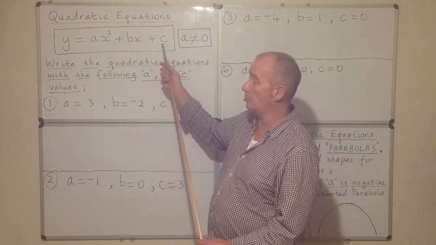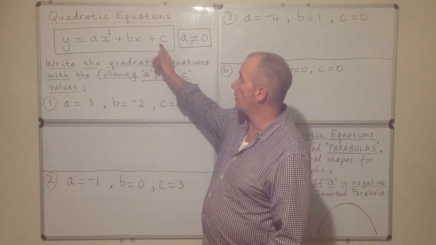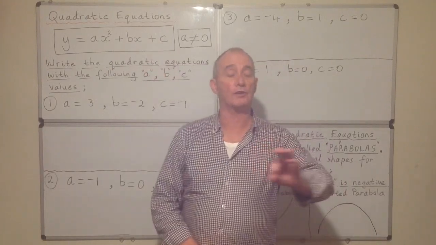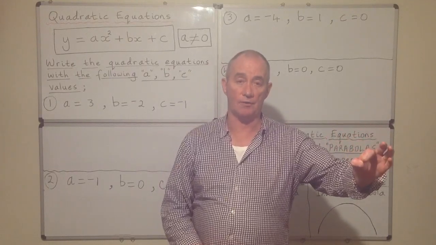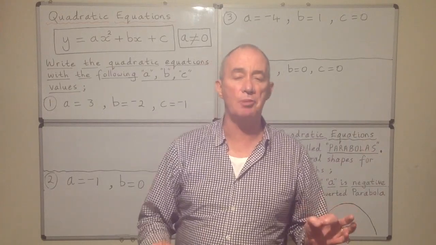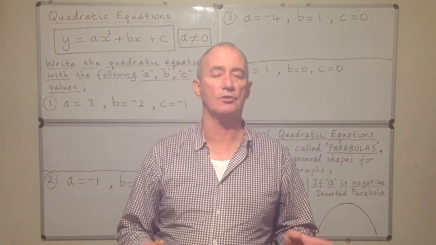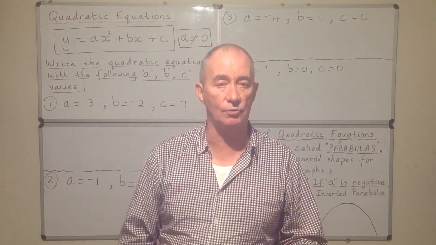The same sort of thing applies for c. If the c value is 0, the quadratic equation won't contain a single number value or constant value at the end of the quadratic equation. So this is the best way to think of quadratic equations. They are equations which must contain x squared.